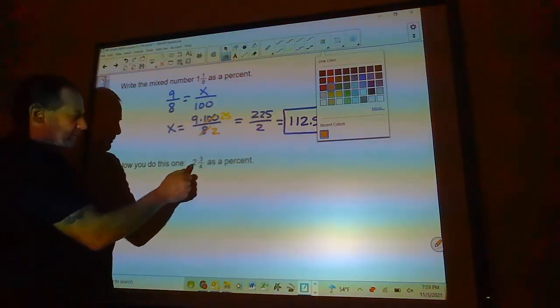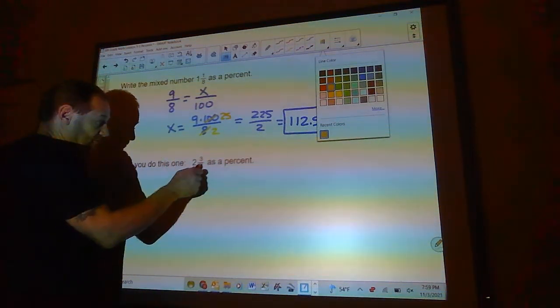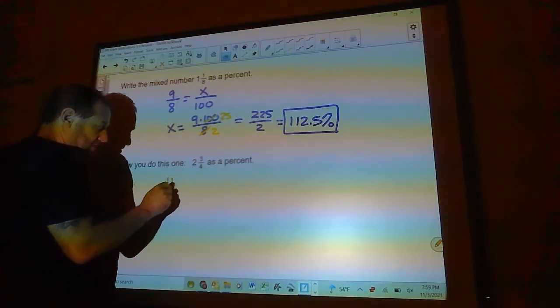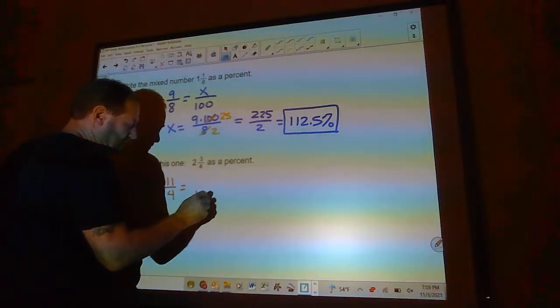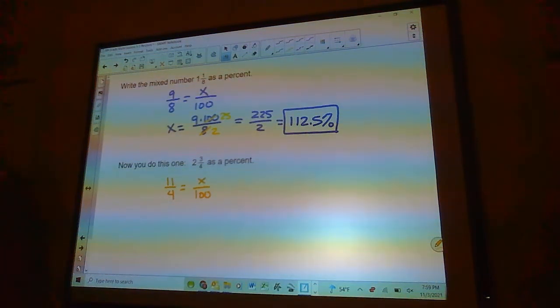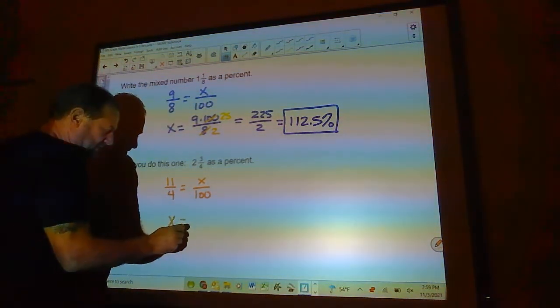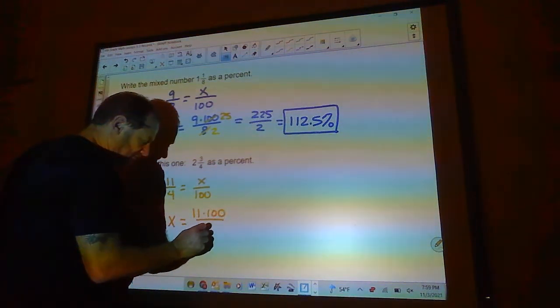Okay, so the first step is we're going to take this and make it into an improper fraction. So 2 times 4 is 8, plus 3 is 11/4. We're going to set that equal to x over 100. So x is going to be 11 times 100 over 4.